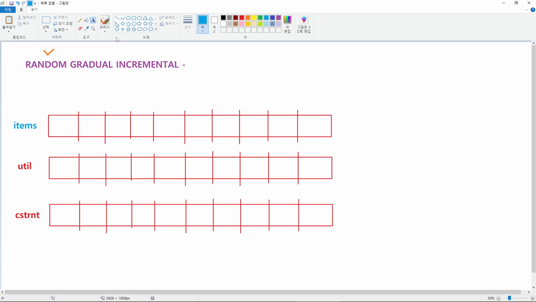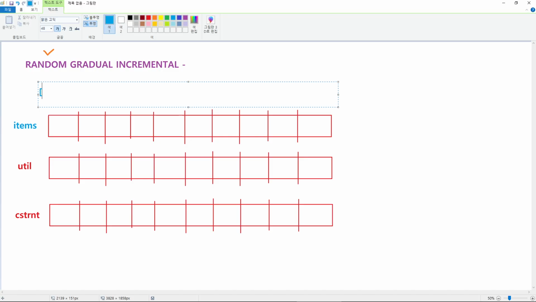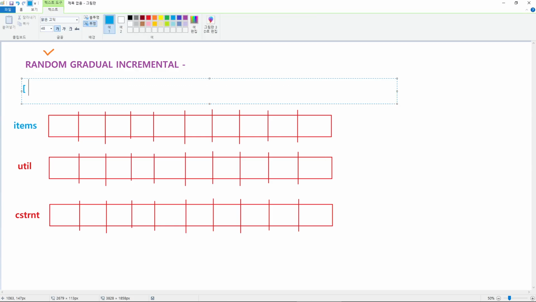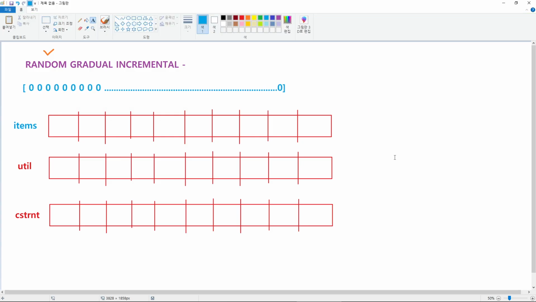No. 0, 0, 0, all the way to 0. What? Why did it just do that? 0, 0, 0, all the way to 0. Better.